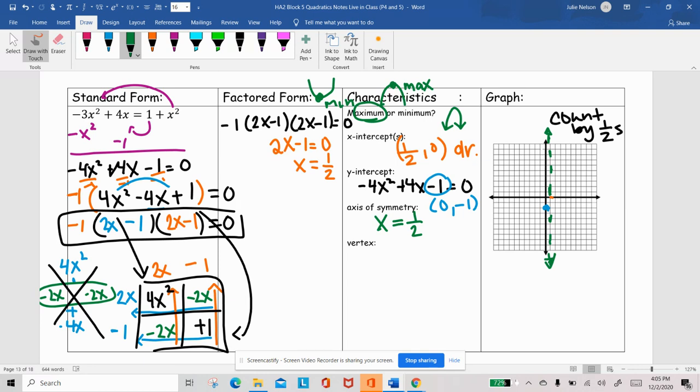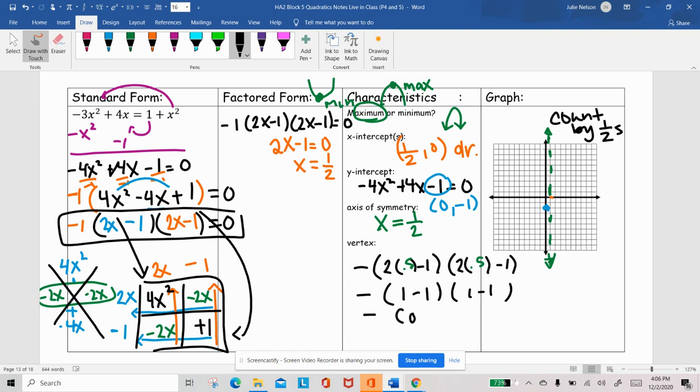And to find the vertex, you always plug in the axis of symmetry, either into the original problem or the factored form. I like to plug it into the factored form personally. So I'm going to plug in 0.5. So I have negative parentheses 1 minus 1 parentheses 1 minus 1.